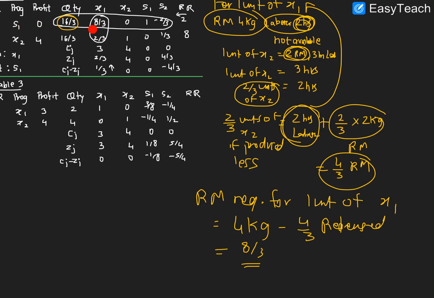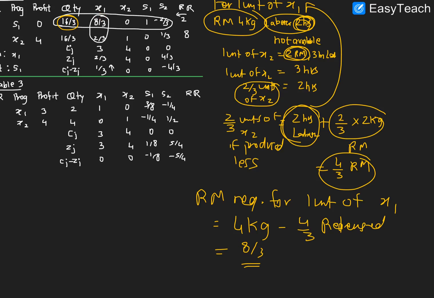In this way these numbers are arrived at, where the X2 and X1 sacrifice ratio is 2 by 3 and the S1 and X1 sacrifice ratio is 8 by 3, because we won't be needing the entire 4 kg of raw material now. If you are producing less of X2, I will be getting 4 by 3 units of raw material released, and that can be used for producing X1.